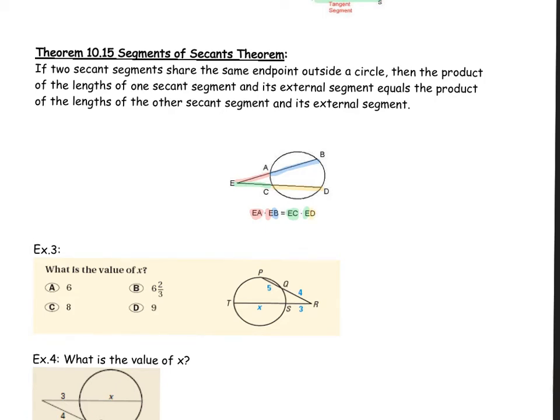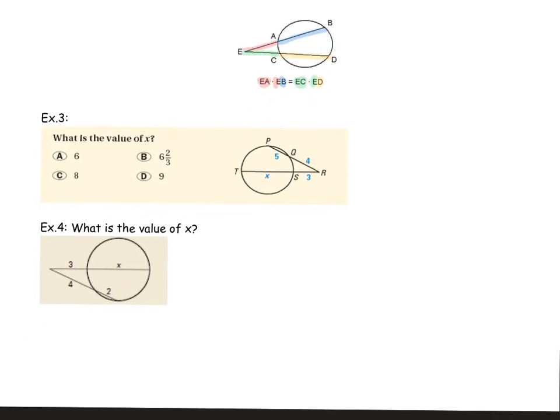Okay, so let's look at this with some numbers so it actually makes a little bit more sense. So in example 3 here, again, I'm going to highlight these pieces a little bit differently. We'll do blue the whole way through, green, and then we'll do yellow the whole way through. Maybe that'll make a little bit more sense.